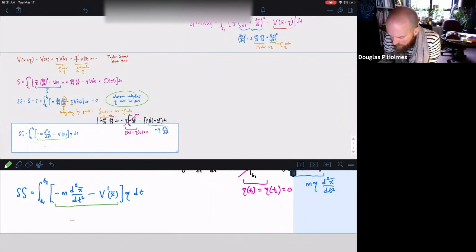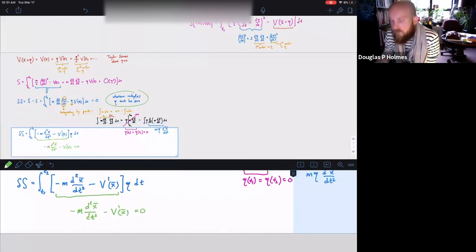And we can rewrite this: m d squared x bar dt squared minus v prime of x bar equals 0. What's the derivative of potential energy with respect to, in this case, time?